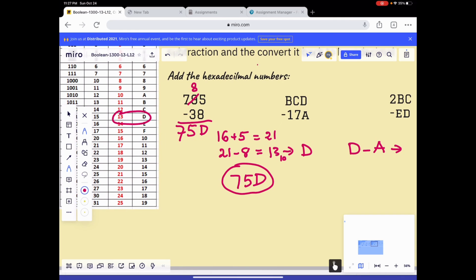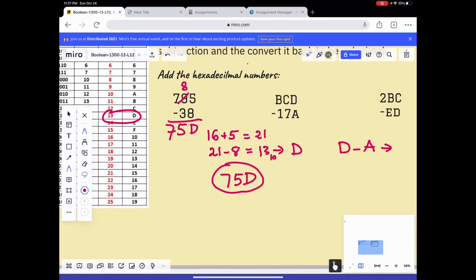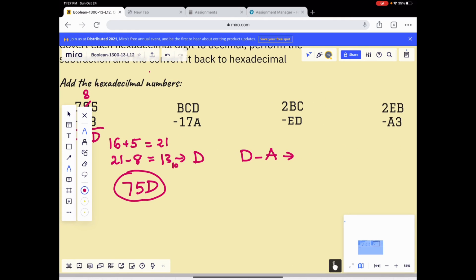D is 13 and A is 10. So write down 13 minus 10 equals 3. So write out 3.